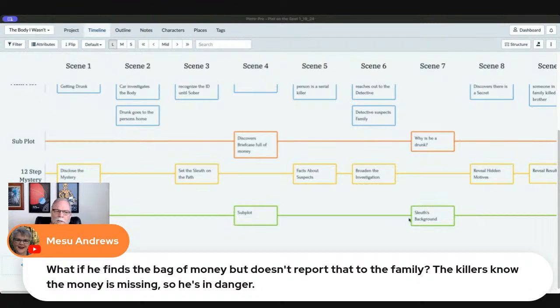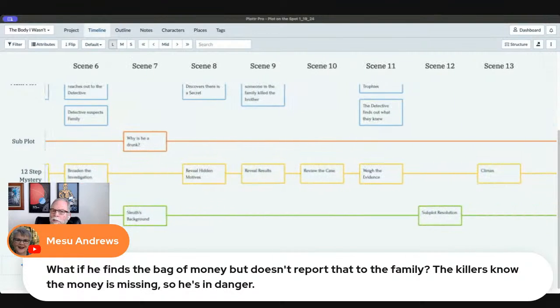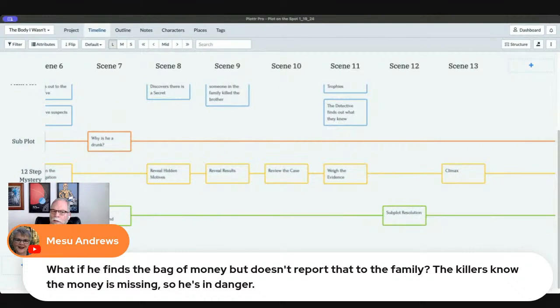But anyway, all right. So let's go back to here. Let's talk about this. He finds a bag of money, doesn't report that to the family. The killers know the money is missing, so he's in danger. That is awesome, right? Because what happens here, before we get to the resolution of the climax, which we're going to get to in a minute, the subplot resolution happens.